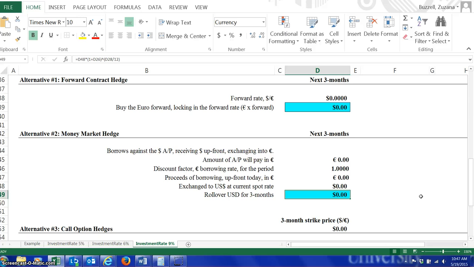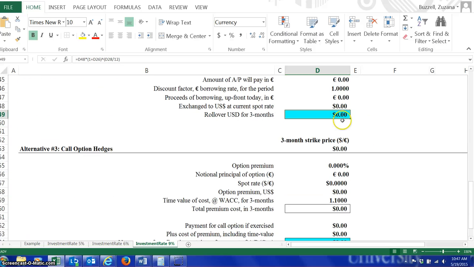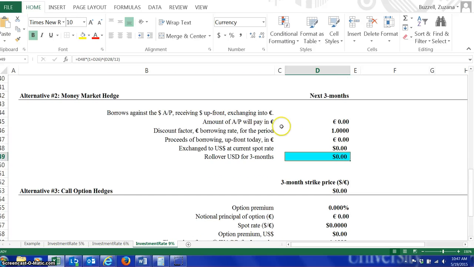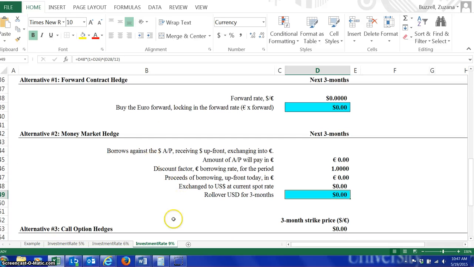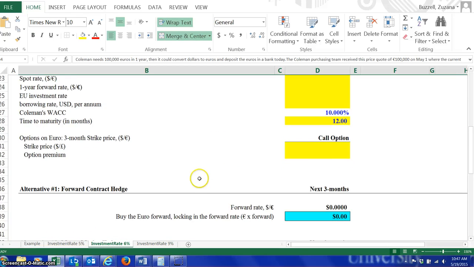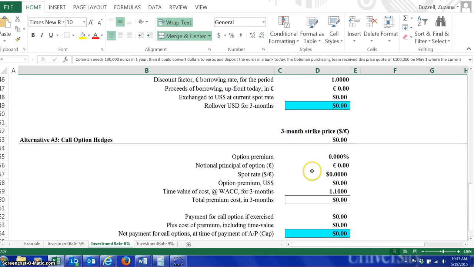I have to analyze it, and this number is better, more favorable for my company than this number. So, yeah, as a company, I should analyze all three, but probably should use money market hedge. Or, well, at 9%, I will use money market hedge. At 6%, the money market hedge is not as beneficial as call option hedge.